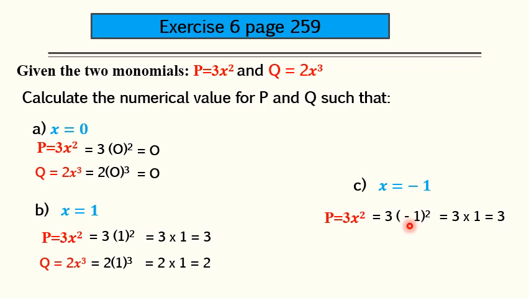So it's 3 times 1, which is 3. Q equals 2x cubed. Here we have minus 1 cubed. So it's minus 1 times minus 1 times minus 1. We have 3 minuses multiplied by each other. And we know that if the number of negative signs is odd, definitely the answer will be negative. So it's 2 into minus 1, which is minus 2.